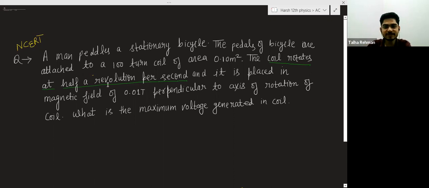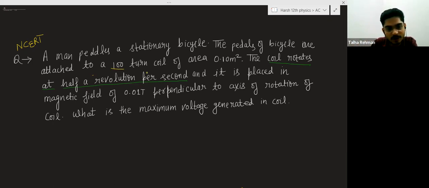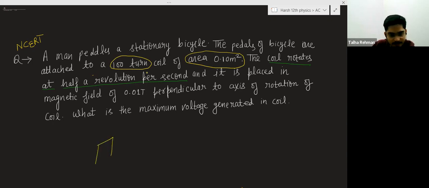The pedals of the bicycle are attached to a coil of 100 turns. So basically a coil like this, and this coil has the area of 0.10 meter square.